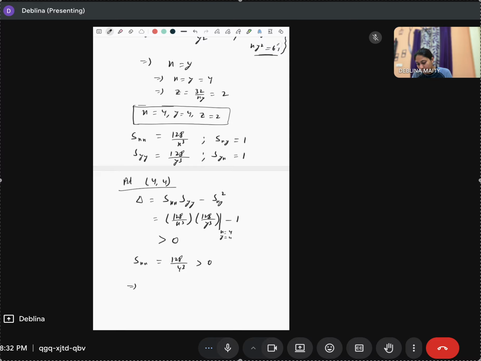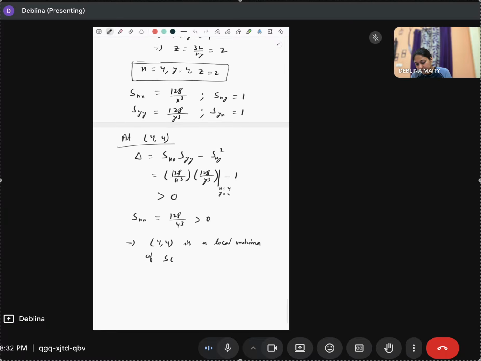So this point 4, 4 is a local minima of S(x, y). We have found that 4, 4 is a minimum point, and when x and y are 4, z is 2.